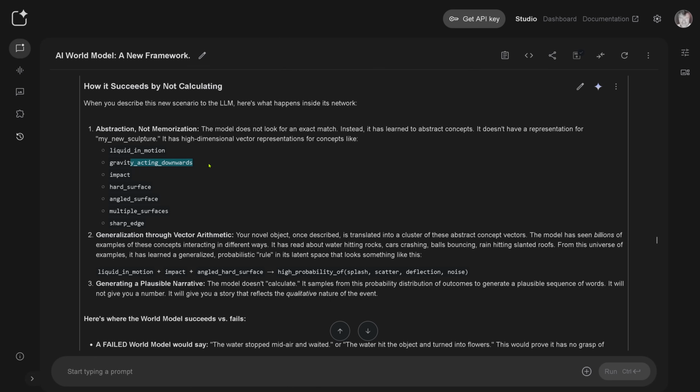Liquid in motion, gravity acting downwards, impact, hard surface, angled surface, multiple surfaces, sharp edges. Then you have a generalization through vector arithmetic. Liquid in motion plus an impact plus an angled hard surface will result in a high probability of splashes, scatter, deflection, noise. And then the LLM is generating a plausible narrative. So the model doesn't calculate anything of the physics. It just samples from its probability distribution of outcomes to generate a plausible sequence of words.